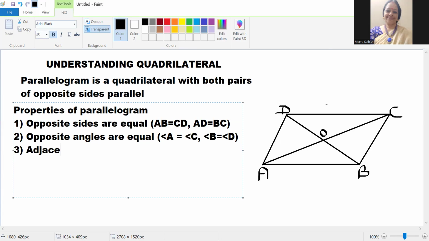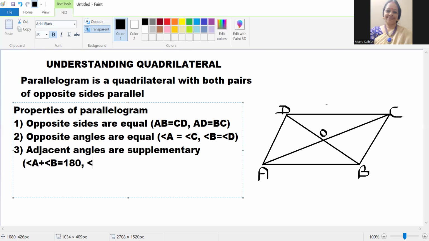So, adjacent angles are supplementary. Supplementary means angle sum is 180. So what we can write? Angle A plus angle B equal to 180.